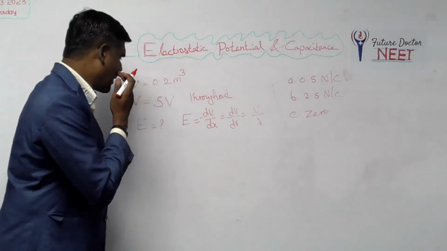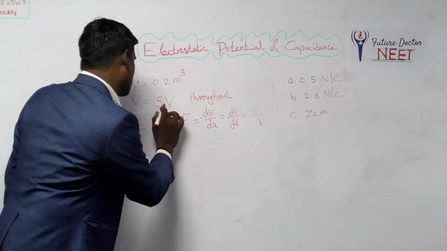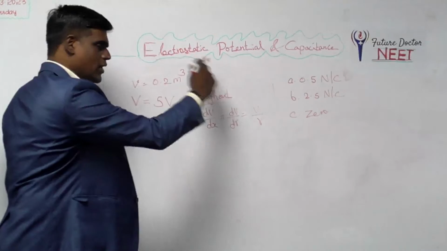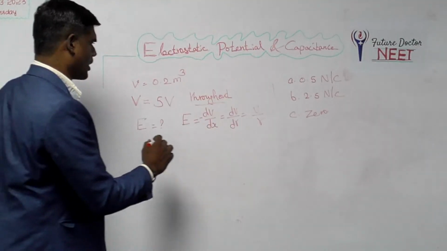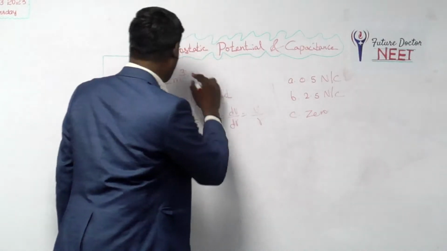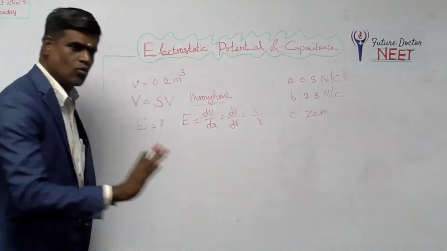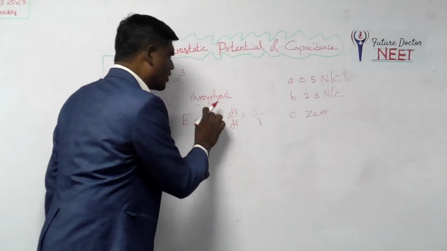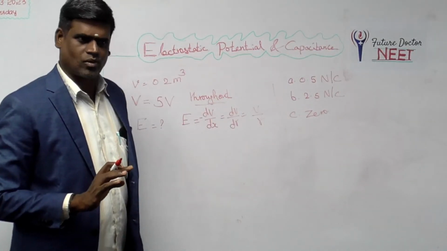Right. And here it is mentioned, V equal to 5 volt throughout. It means throughout this 0.2 meter cube, V is 5 volt only. It means constant. And if you differentiate a constant value, you will get 0 in differential calculus.